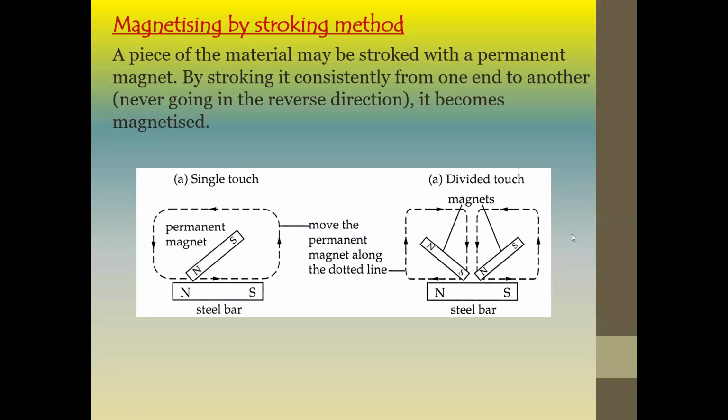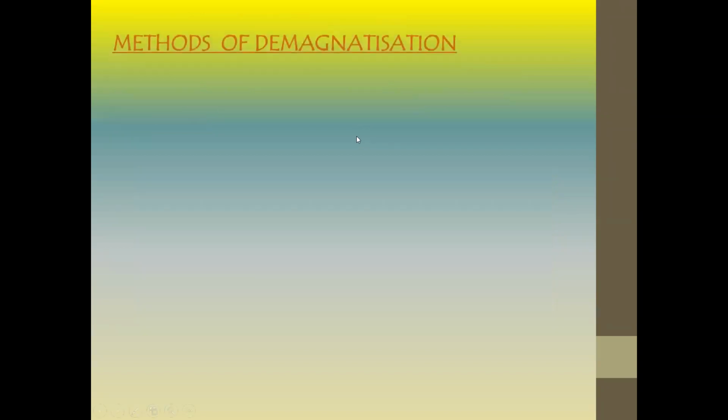So only two methods are there by which you can make a magnet. One is passing a current through a wire, a solenoid, a circular wire, or a coiled wire, and we place the object inside. And the second one is stroking, continuously rubbing the magnetic material with a permanent magnet.